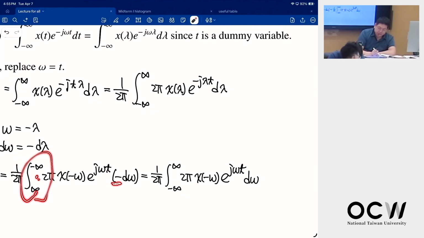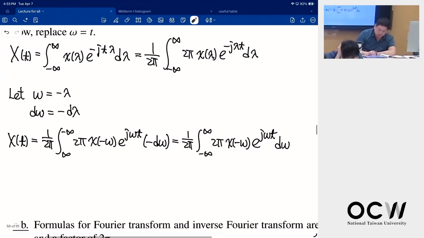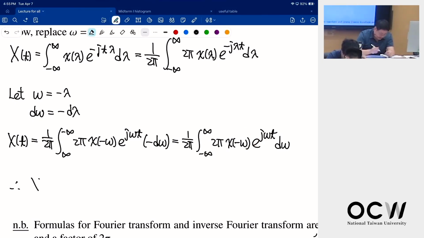Here we have a minus, so we switch the integral limits. And what is this? You can see that I'm also taking the Fourier transform. So if it is x of t, then I take the Fourier transform again, I will have 2 pi times x of minus omega.